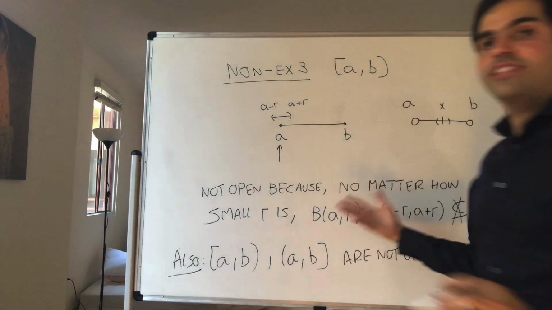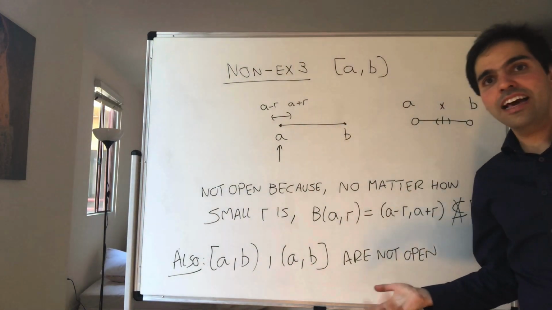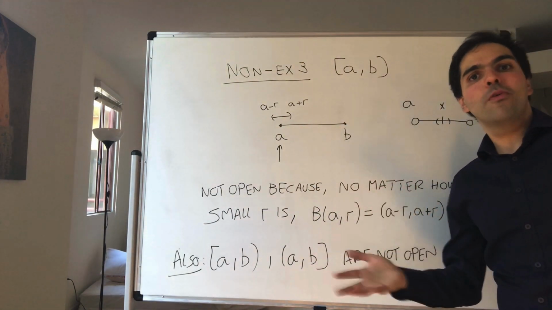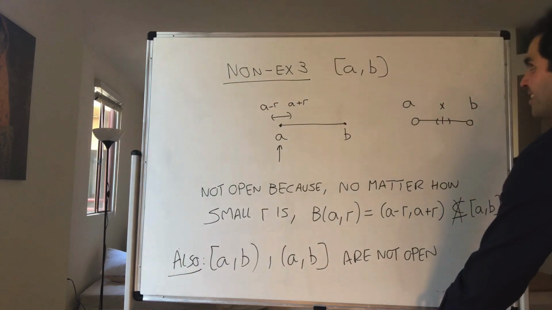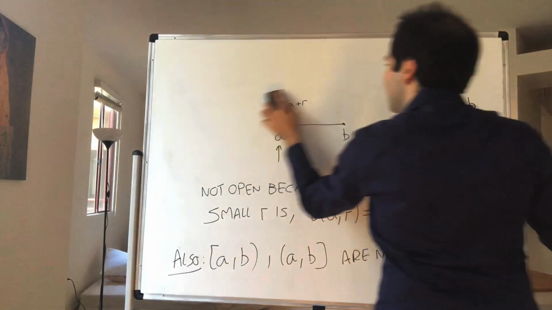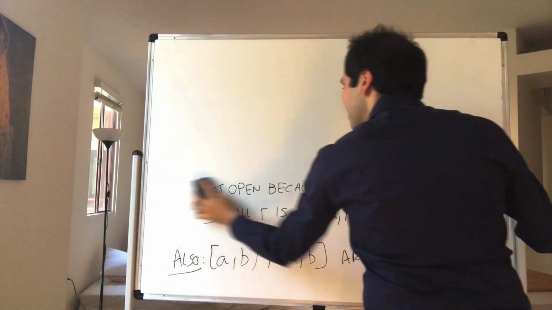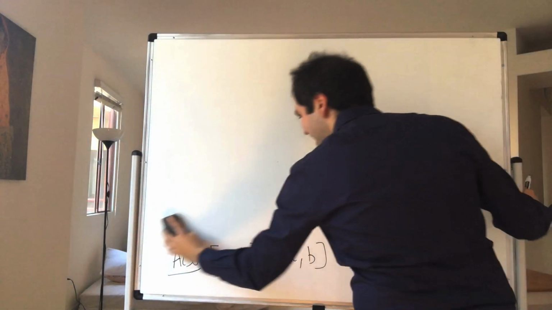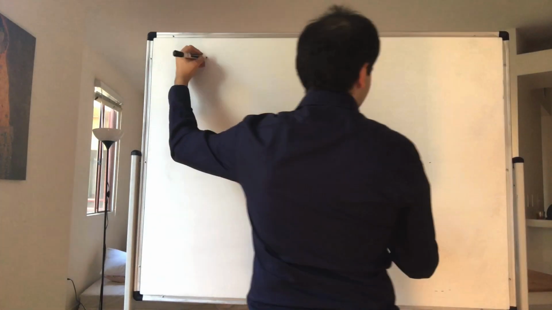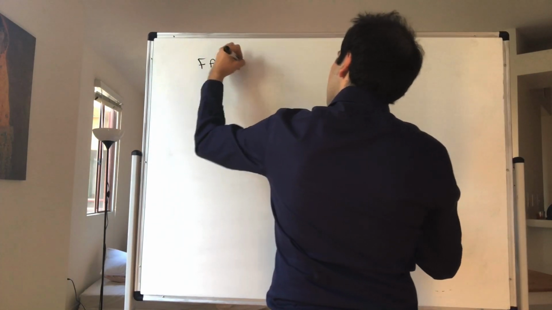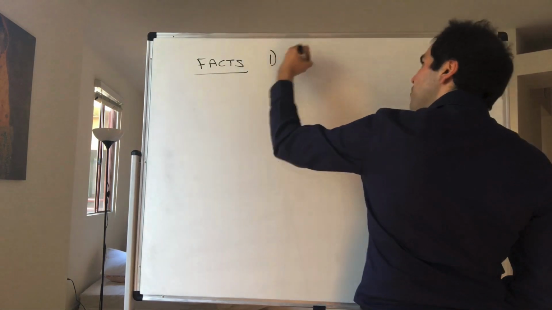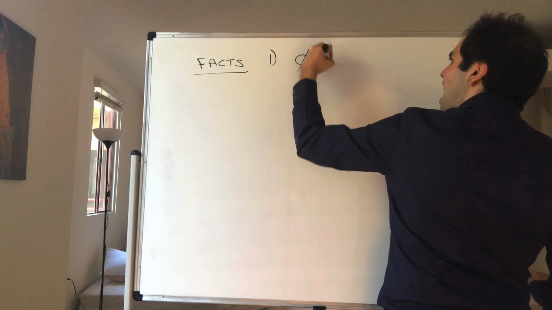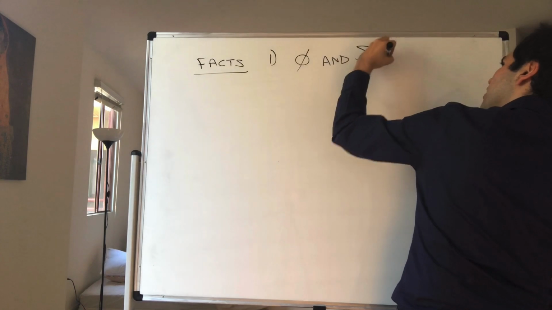All right. So now that we've seen examples of open sets, let's prove a couple of nice properties about open sets. And you'll see this is very exciting. It leads me to an exciting subject in some sense. So, facts. Well, first of all, the empty set is always open and S is open.